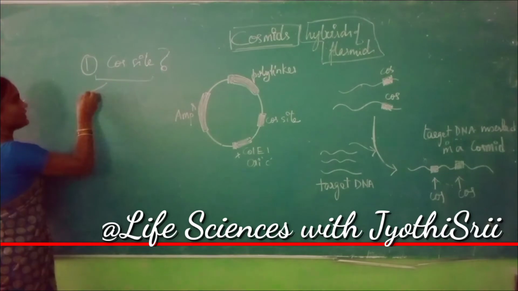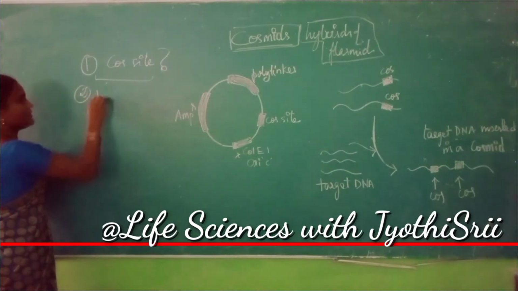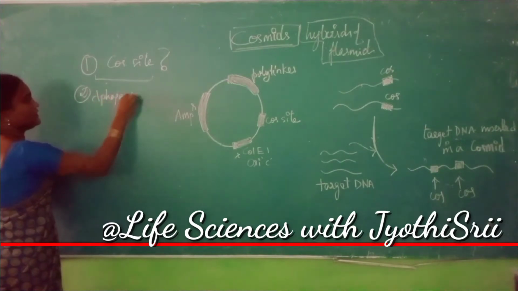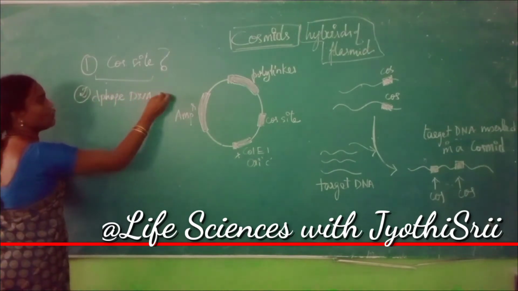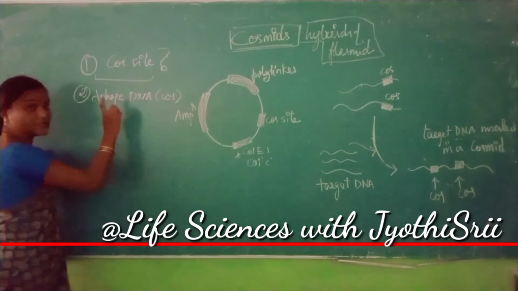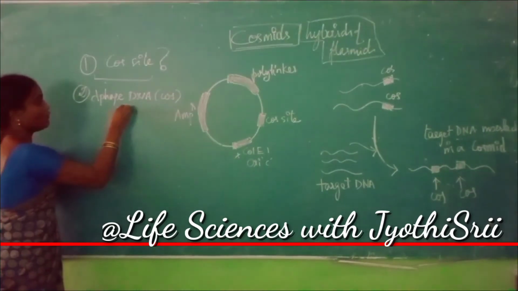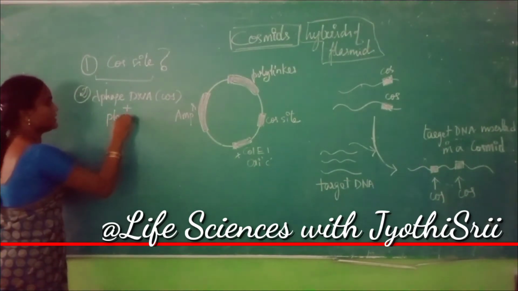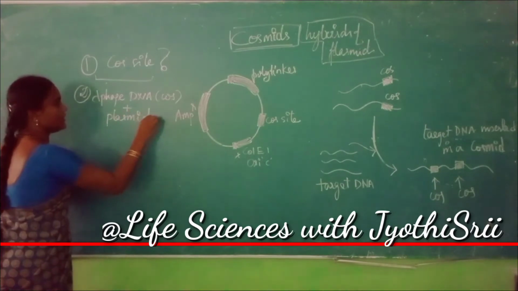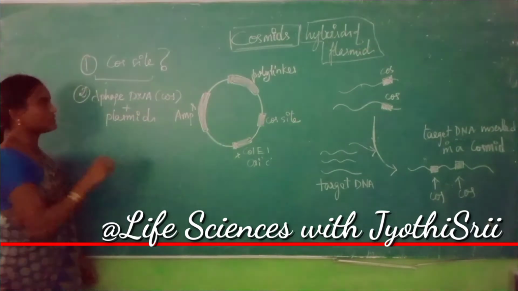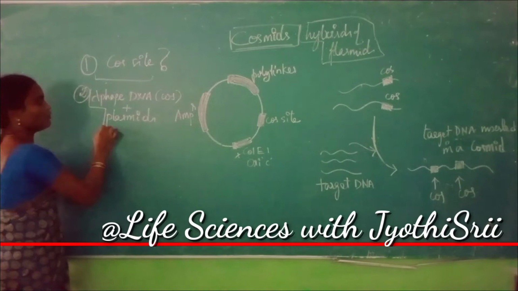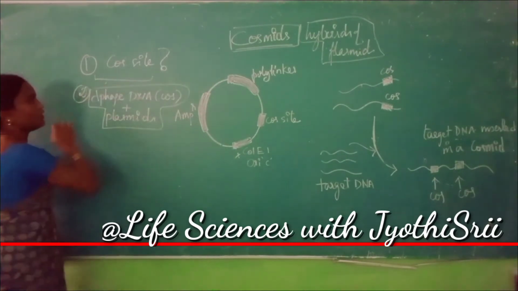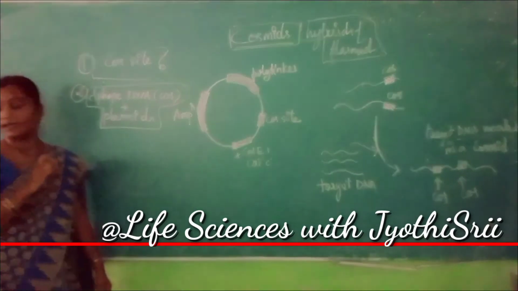So cosmids are a lambda phage DNA molecule containing cos sites, that is cohesive ends, combined with a plasmid. It is a combination of both the lambda phage DNA molecule with a cos site and a plasmid.